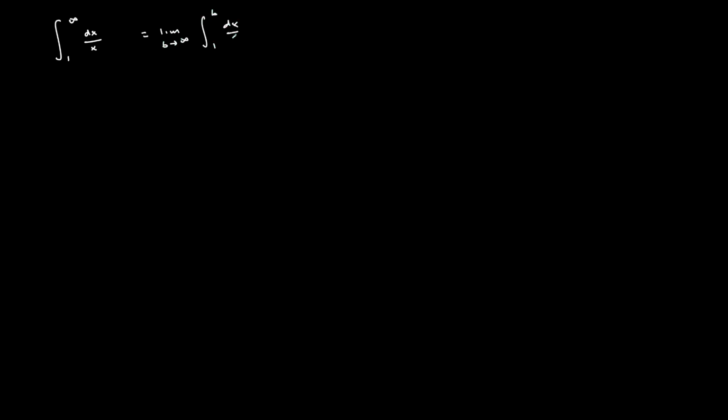We can rewrite this as ln x from 1 to b, and limit as b tends to infinity. That's just saying the limit as b tends to infinity of ln b minus 0. And clearly, as b tends towards infinity, the natural log of b will also tend towards infinity. And so we get infinity, and therefore the integral diverges.